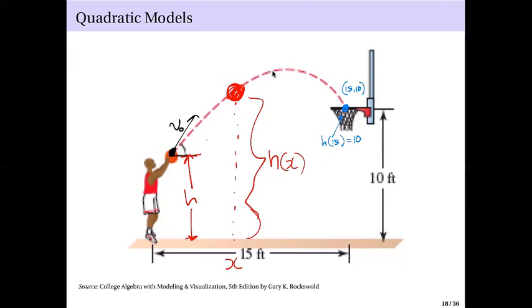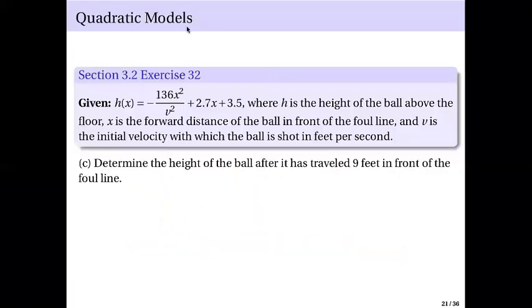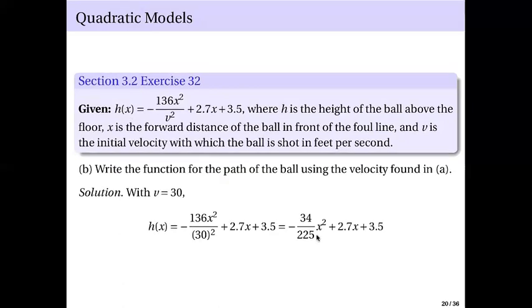But to do that, we can just plug in x equals 9 in this equation or in this equation. Okay? We just need to plug in x equals 9 and we will have the height.